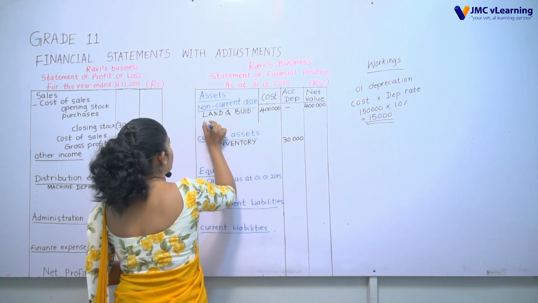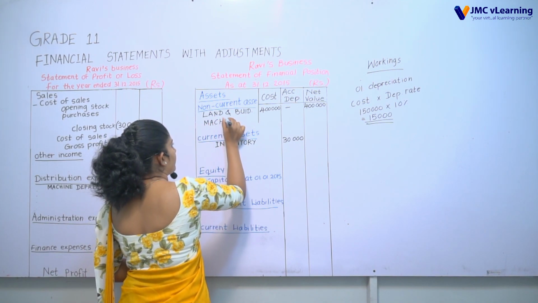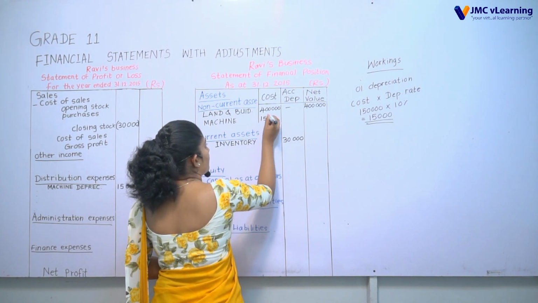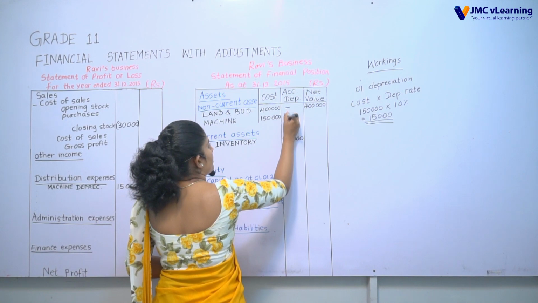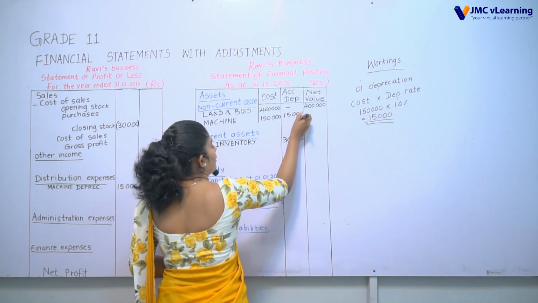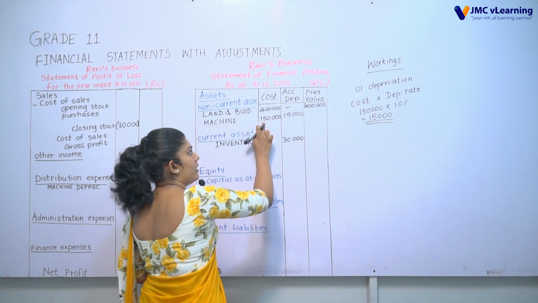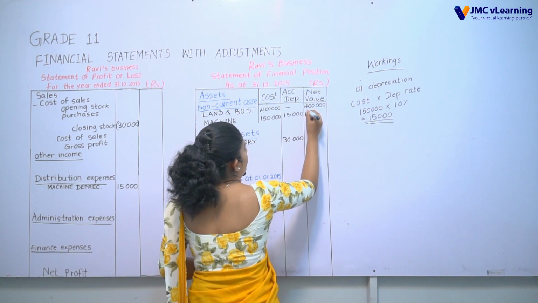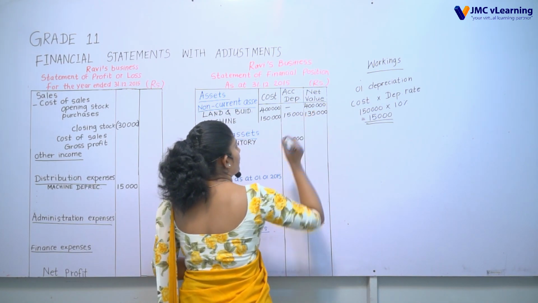Machine cost 150,000, accumulated depreciation 15,000. Now you have to deduct 15,000 from 150,000. The answer is 135,000.